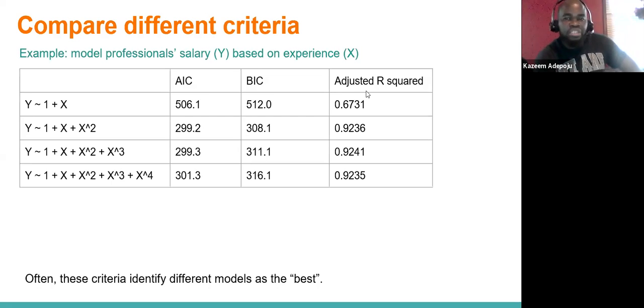You can see the model identified by adjusted R squared is the polynomial of degree 3, the one with the 4 regressors, based on the fact that the value I have here is the largest. And based on the AIC and the BIC, the model with the smallest AIC and BIC is the second model.